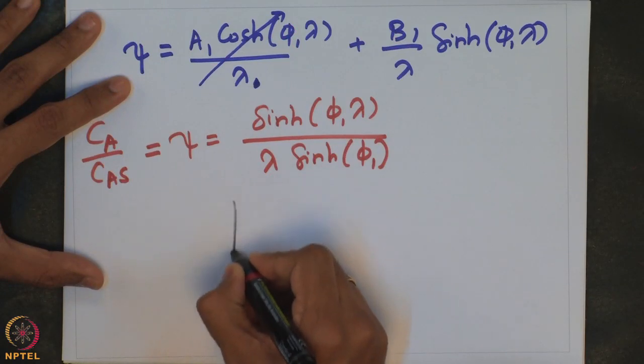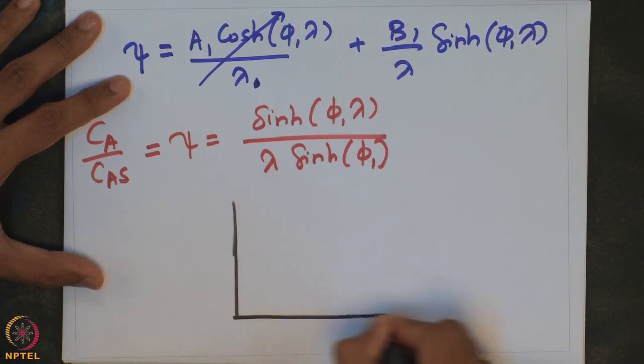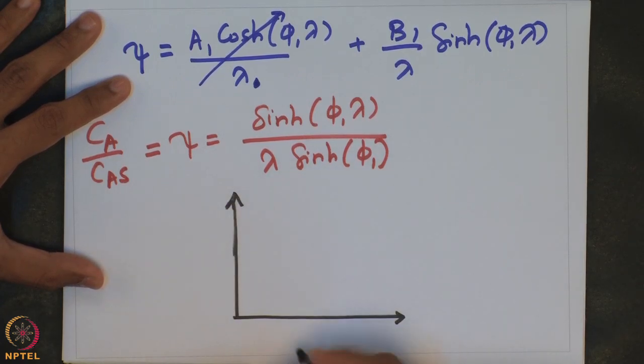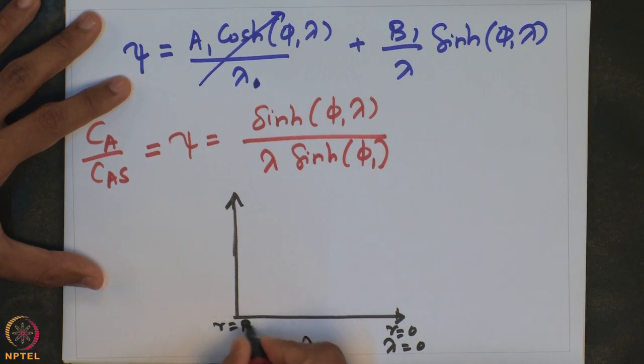Now let us try to sketch this profile. How will it look? Let us say we have the radial position here, r equal to 0 or lambda equal to 0, and r equal to capital R or lambda equal to 1. Recall that I am plotting from r equal to capital R, the surface of the pellet, to the center of the pellet.